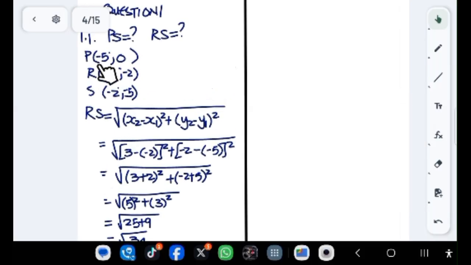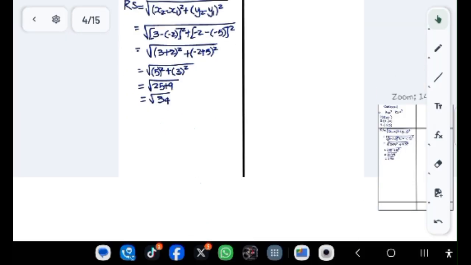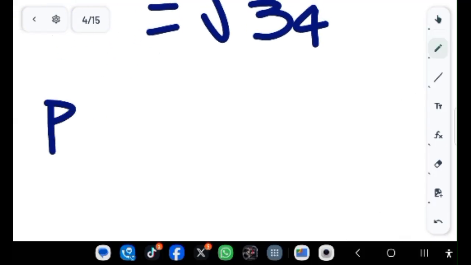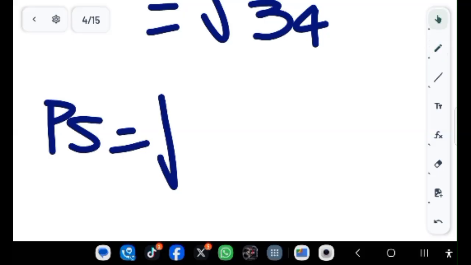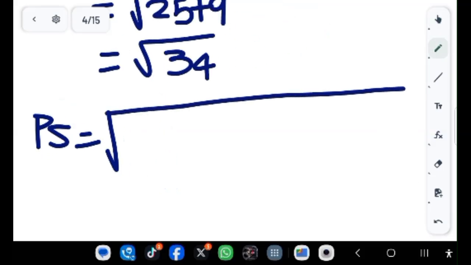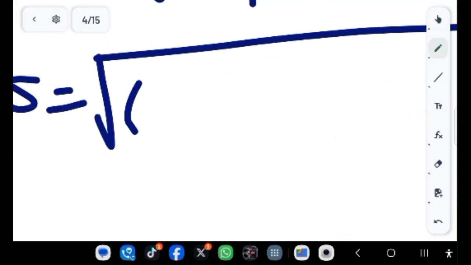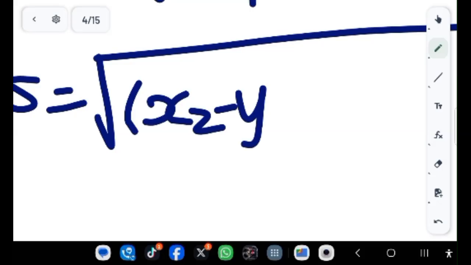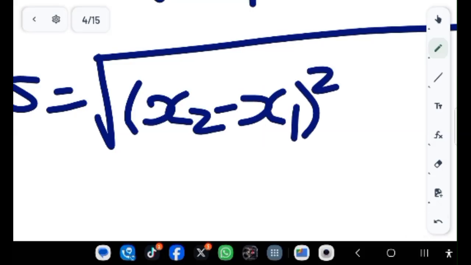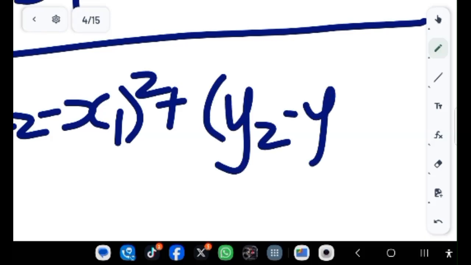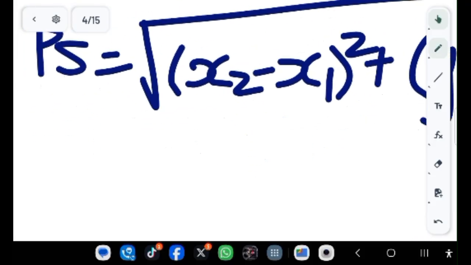Let's calculate the size of PS using a calculator this time. The size of PS, same formula, always make sure that you write the formula down. So that will be x2 minus x1 all squared, plus y2 minus y1 all squared. Alright, so we're going to substitute.